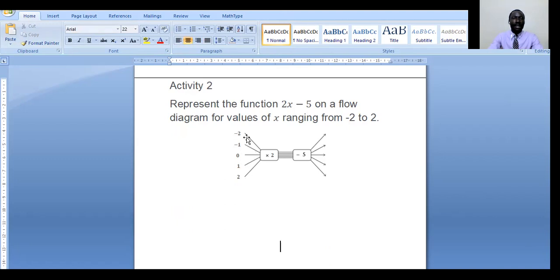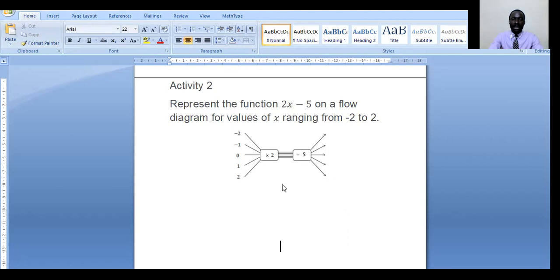We have to find the values that are associated to these elements in the first set, and write them here, for values of x as input starting from -2 to -1 to 0 to 1 to 2. Then the output is right here.